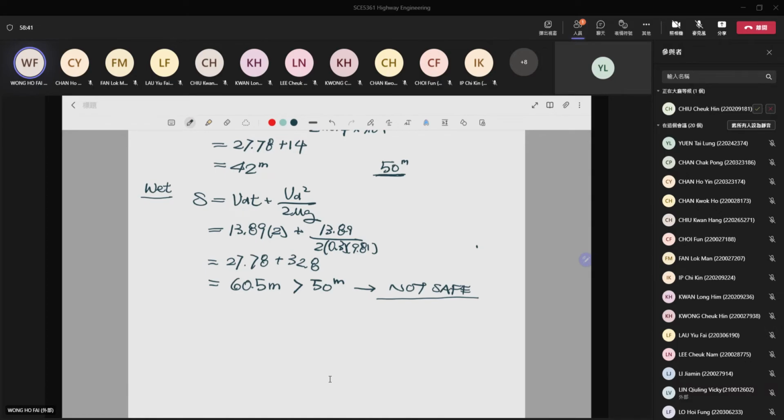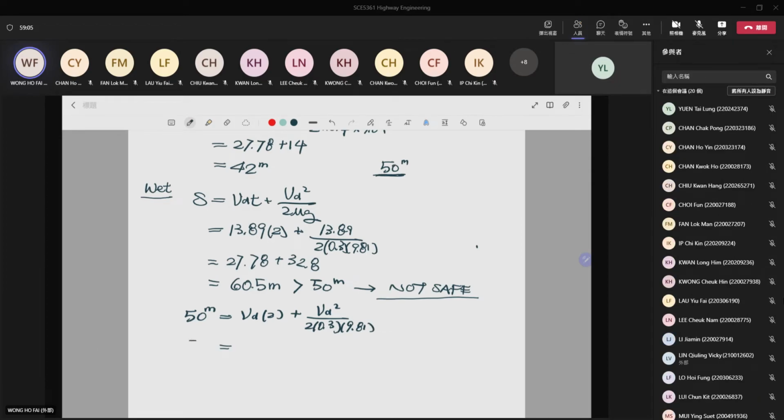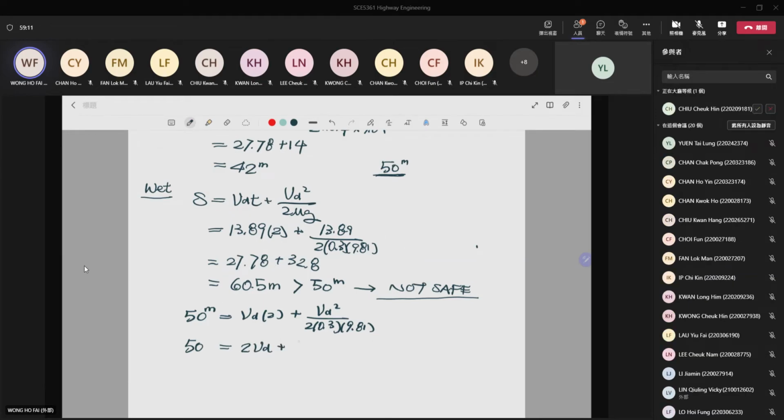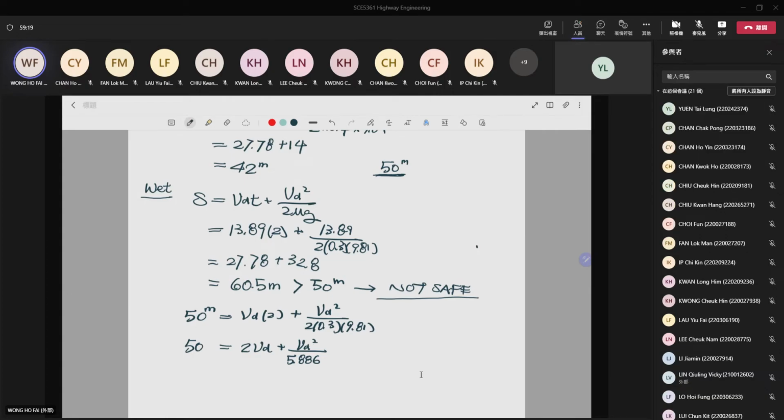If you still remember, we can use the same equation, but instead we will use 50 meter as the criteria here, and then we will back calculate the value of Vd. Right?